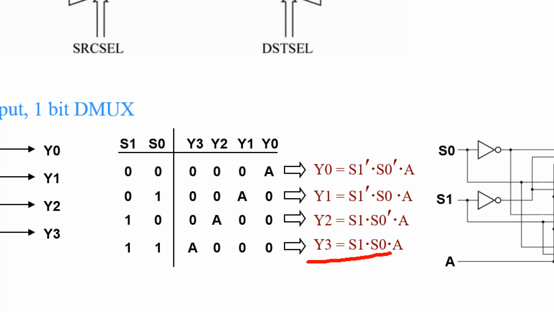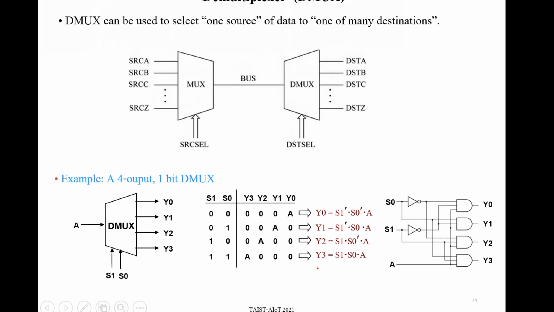For another output, it is also the same. You can write it with this condition, and the value becomes A. This is for Y0, S1 prime, S0 prime, and A, and so on. So you can implement the demultiplexer after you obtain these equations.